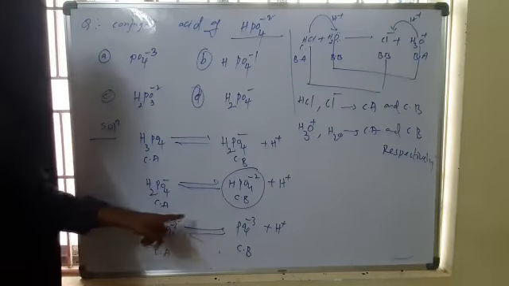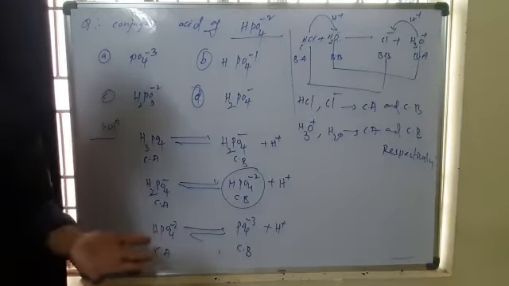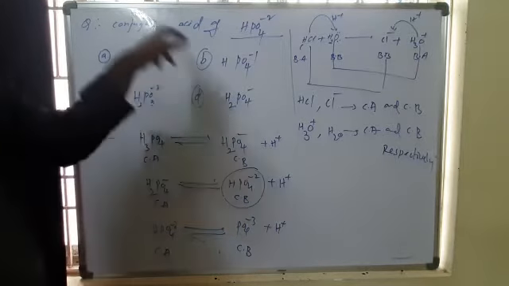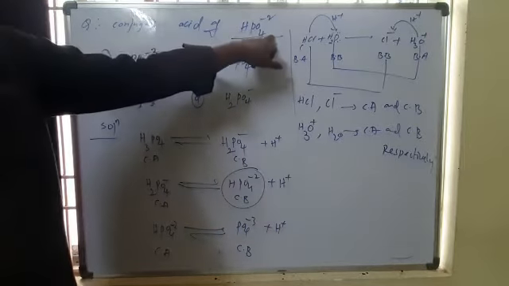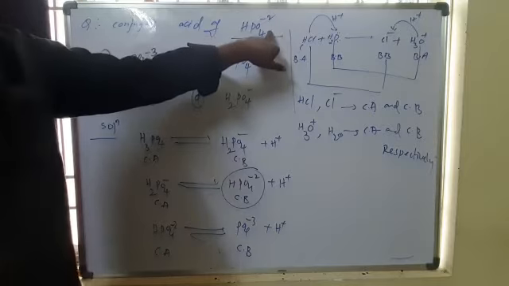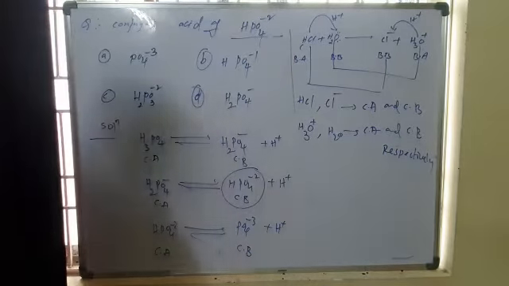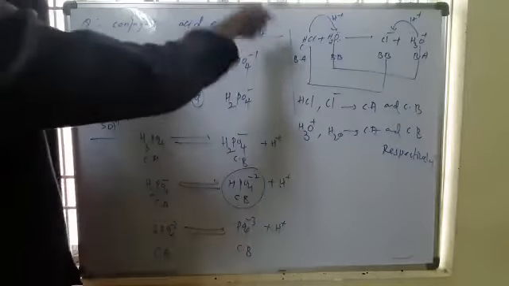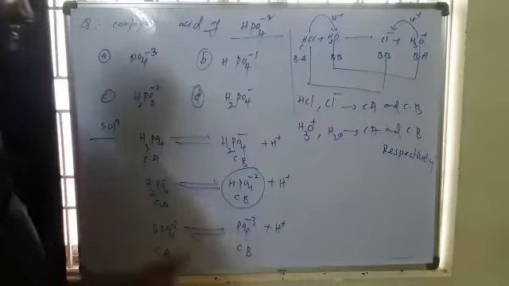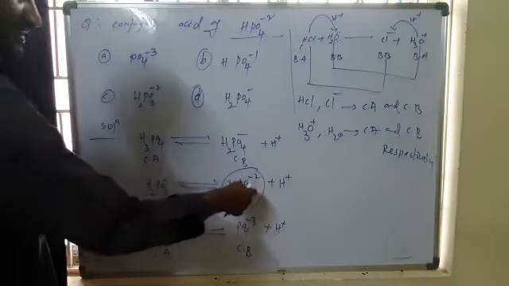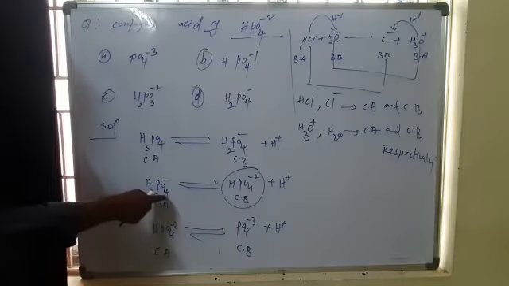The conjugate acid has more protons than the given species, so we should add one H plus. If you add one H plus, one negative charge decreases, so we get H2PO4 minus.